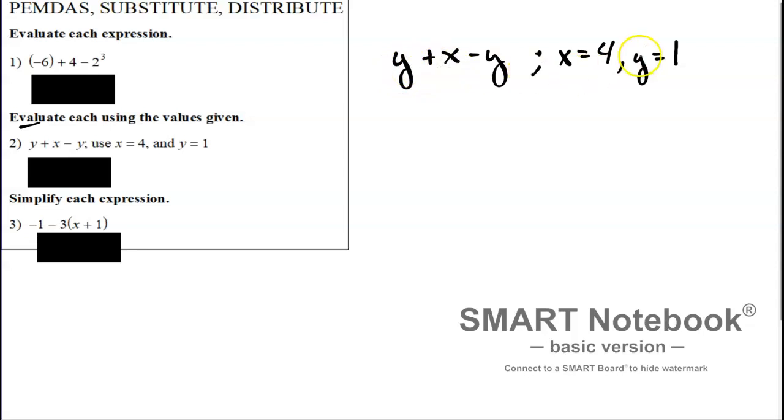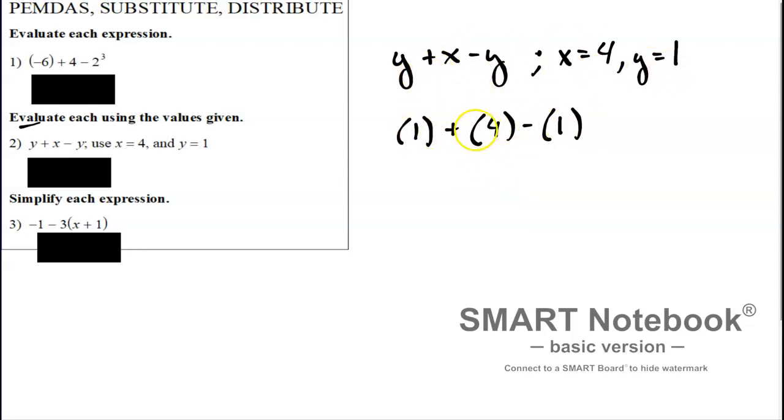So here I'm going to substitute 1 for y. So I put the 1 and then what? Parentheses. Okay, plus what is x? It's a 4. So I put a 4 in parentheses. Copy this. What is y? 1. Put a 1 in parentheses. And now that's it.